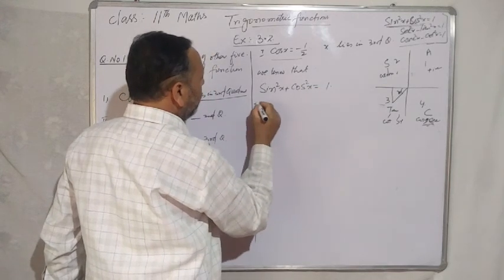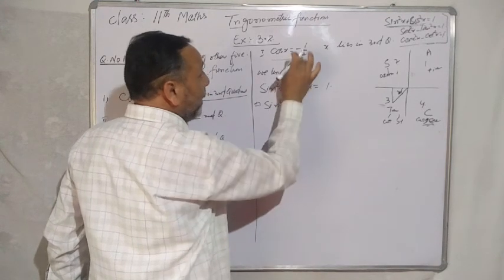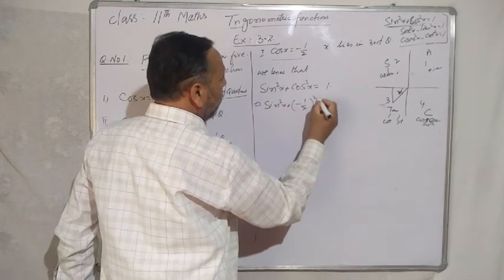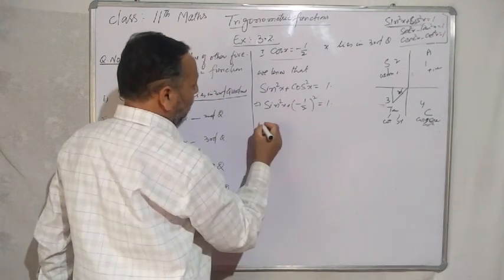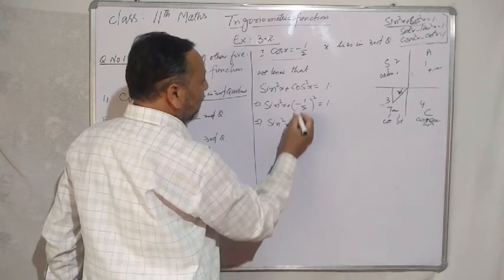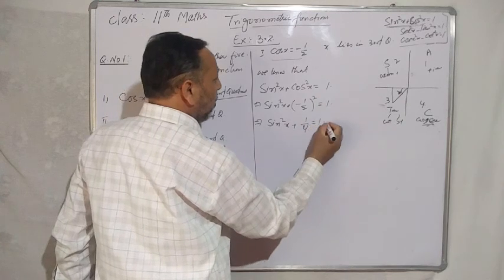Sine square x plus cos square x. Value of cos x is given minus 1 by 2. It is minus 1 by 2 whole square is equal to 1. It means that sine square x plus minus 1 by 2 whole square, means 1 by 4, is equal to 1.